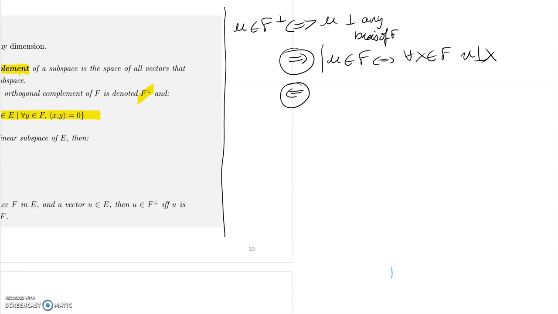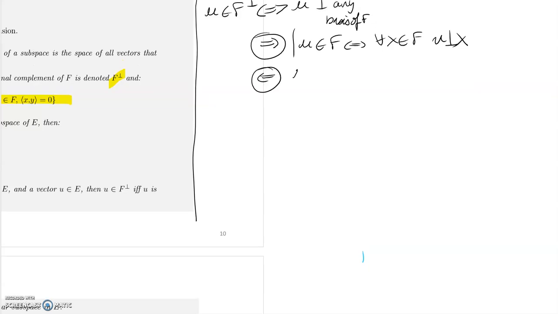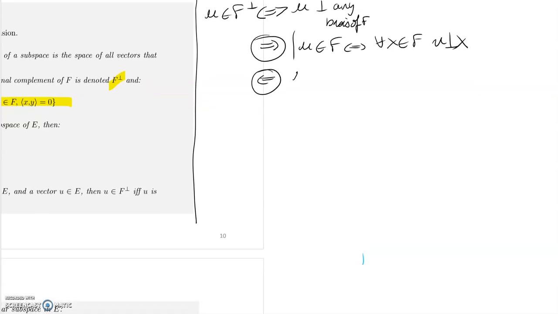The indirect implication is a bit longer, we have to write what's happening. So what is the assumption here? We assume that u is orthogonal to any basis of F. So let's give a name, e_i.